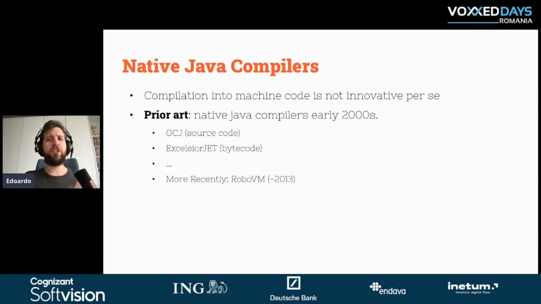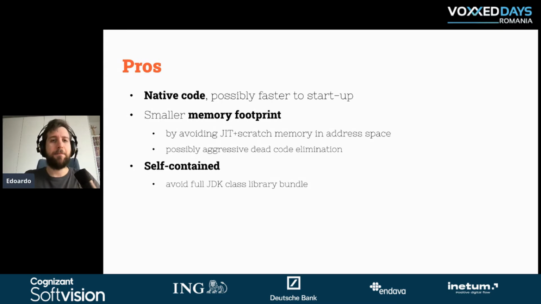So compilation into machine code is not necessarily something innovative per se, but today it's more interesting. Now, the pros for native code is that it may be faster to start up. It also brings possibly a smaller memory footprint because when you use Java, you need scratch memory to do JIT compiling. What does this mean?